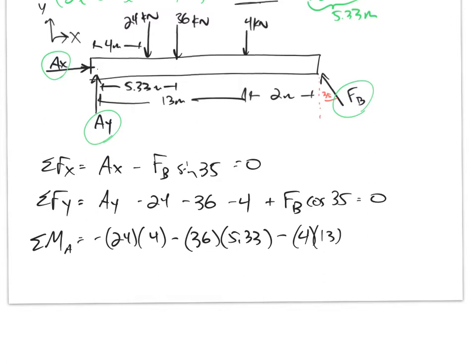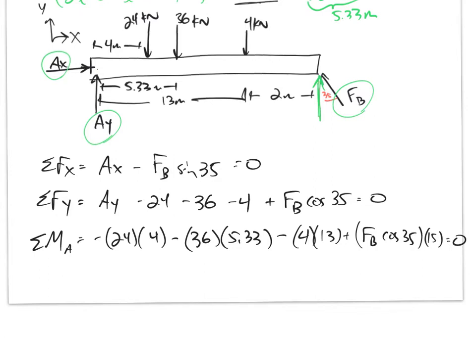And then the FB cosine 35, this component right there, is acting 15 meters away, creating a positive moment. Set those equal to 0.